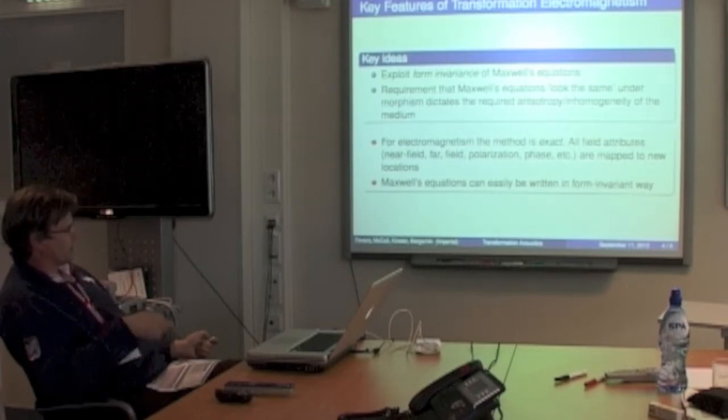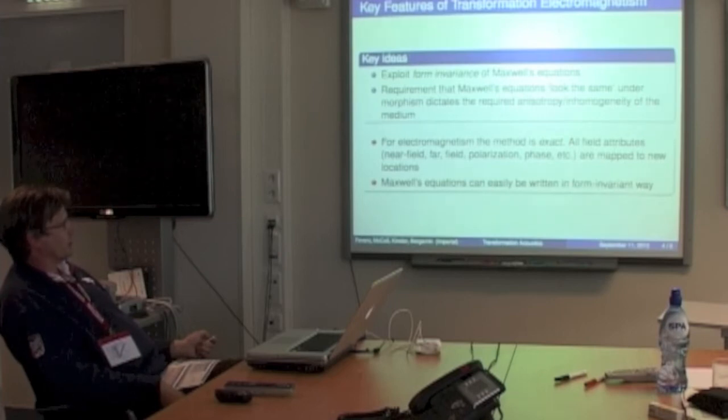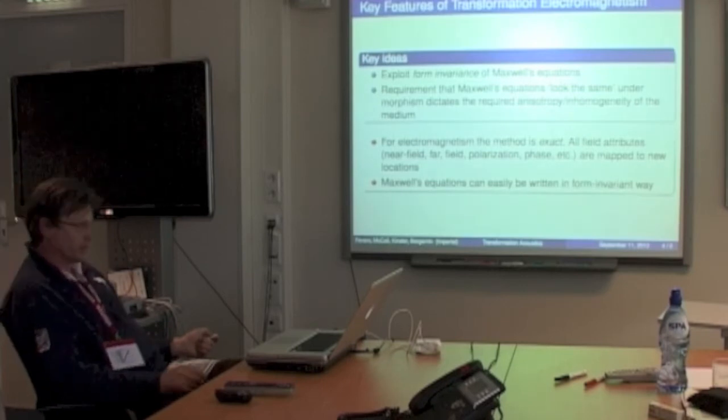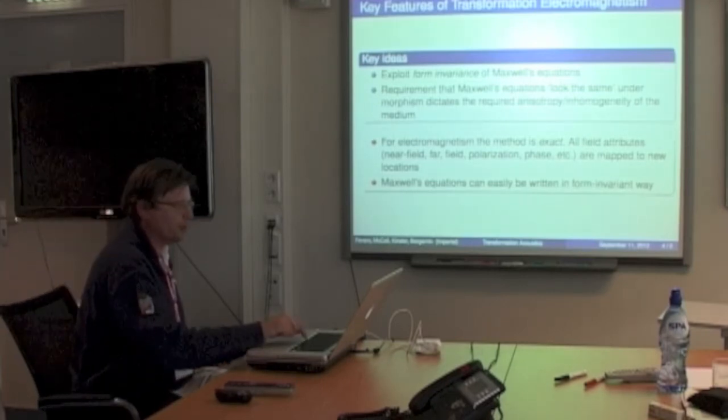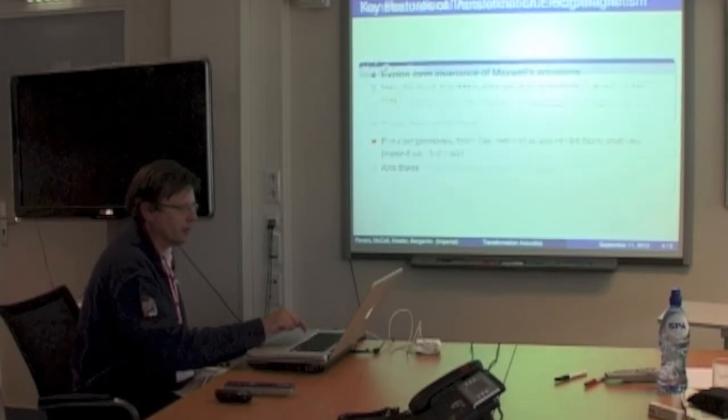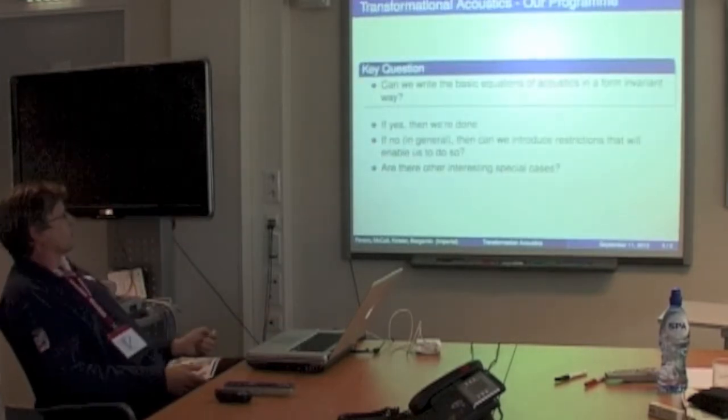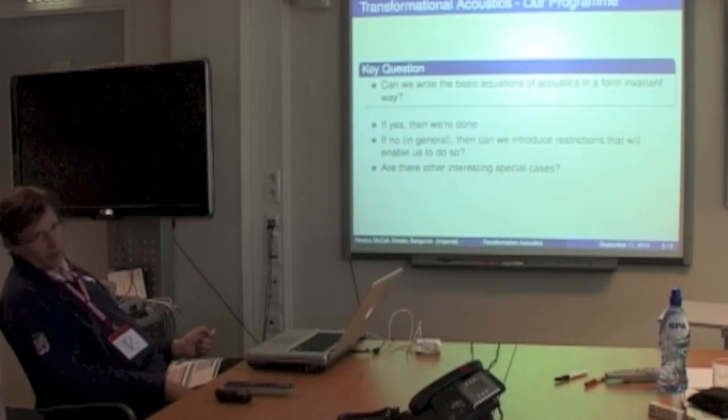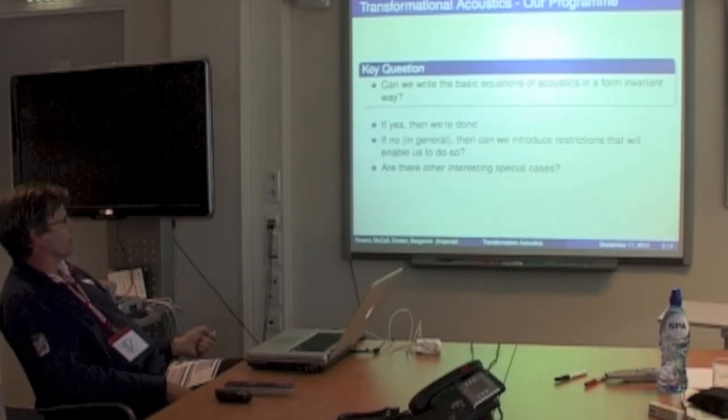And as we found out in more detail in the project, the role of the metric appears to be fundamental. The fact that Maxwell's equations are pre-metric, whereas acoustics is not. And so that brings us to the basic question that we sought to address from the outset: can we write the basic equations of acoustics in a similarly form invariant way, and if yes, then we're done.